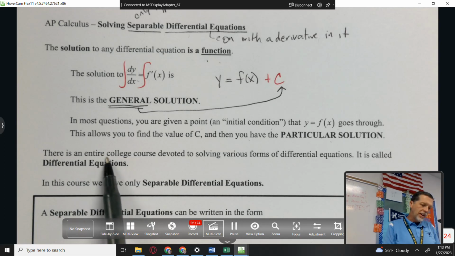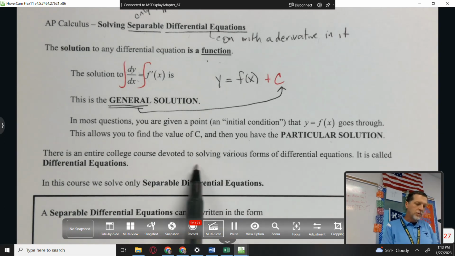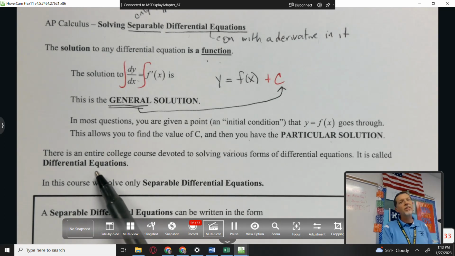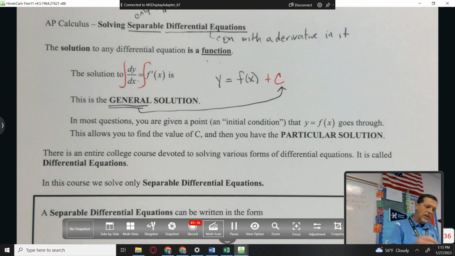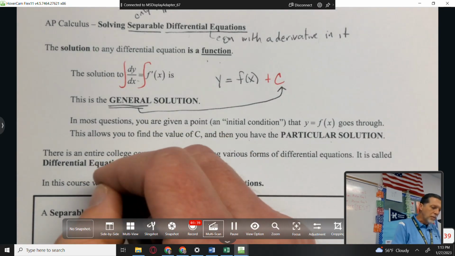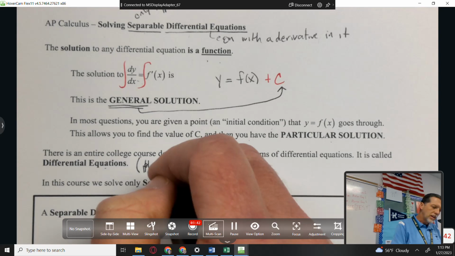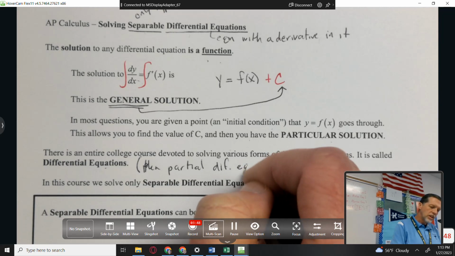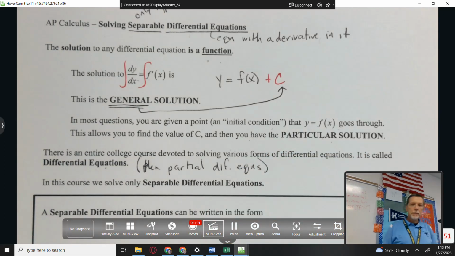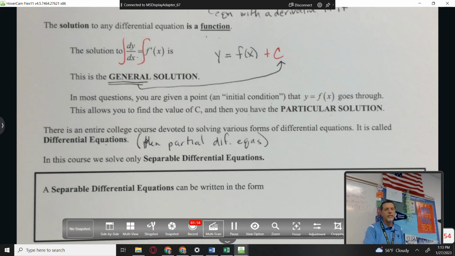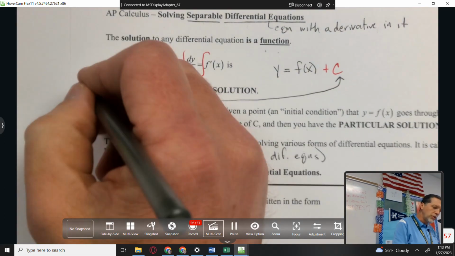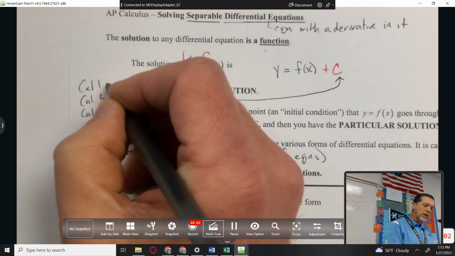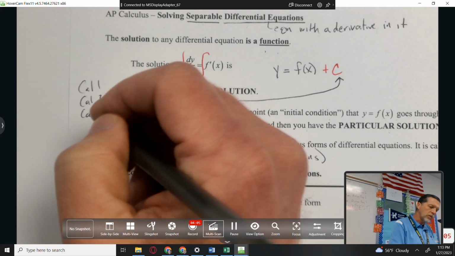Just a little aside here, there's an entire college course devoted to solving various types of differential equations. It's called differential equations, and you can spend a whole semester taking it. After that, if you hang around math long enough, you'll take partial differential equations. Depending on if you're in engineering, you'll do Calc 1, Calc 2, Calc 3. Maybe you get credit for Calc 1 through this calculus course if you took BC.